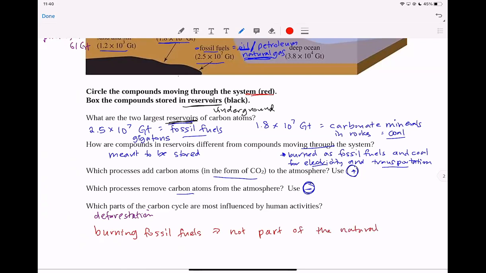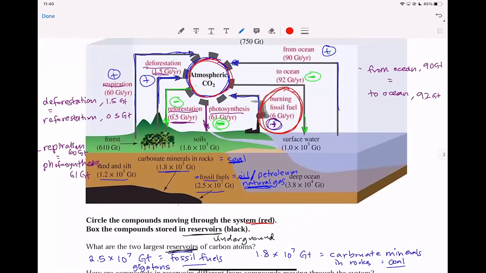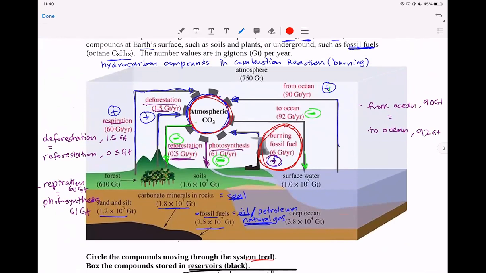And that's where I was in the video mentioning that in the basically evolution of Earth, Earth kind of set these balanced processes: deforestation, reforestation, respiration, and photosynthesis. This is all balanced. Well, when humans came along and started burning a lot of fossil fuels in a short amount of time, there's no natural balance for this.